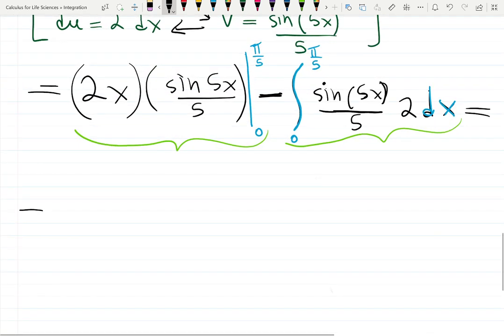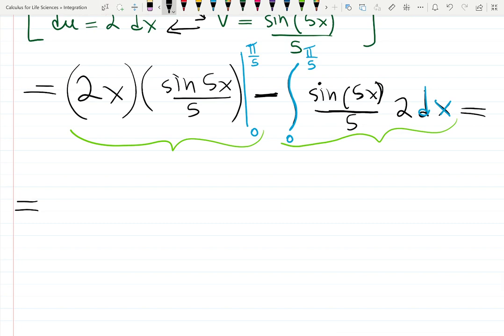Or you can plug in right now, 0 and pi over 5 at the first part. 0 minus, so 0 gives you 0 right away, and then you calculate, so I will do like so. The first part. I'll put it in brackets for you to have it very visual, like so.